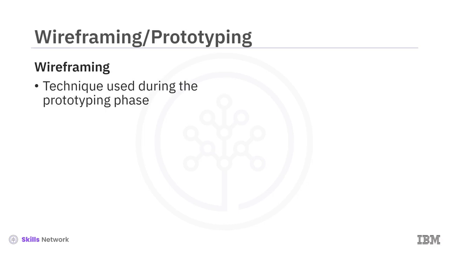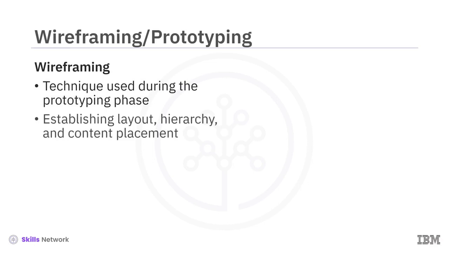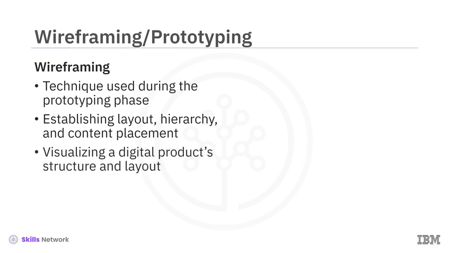Wireframing is a technique used during the prototyping phase to create visual representations of your interface and its key elements. It helps establish the layout, hierarchy, and content placement. The wireframing and prototyping phase allows designers and stakeholders to visualize the structure and layout of a digital product before investing time and resources in detailed design or development.